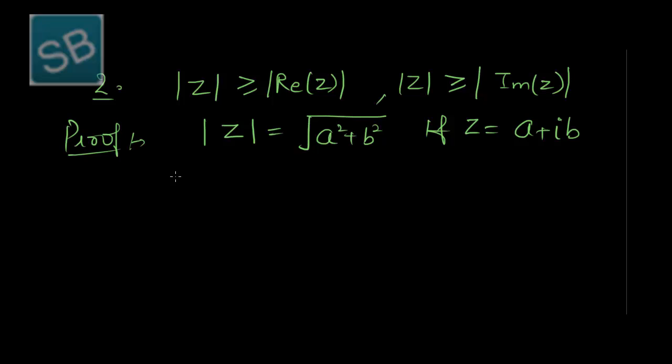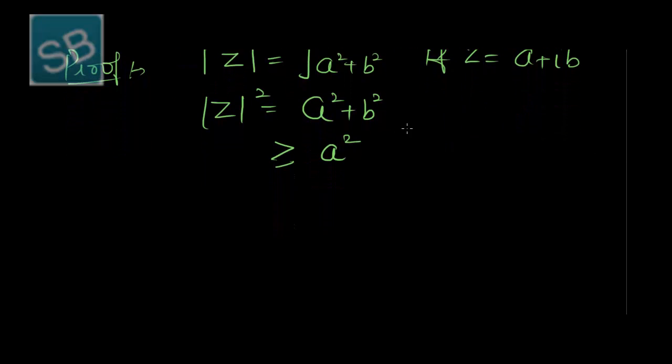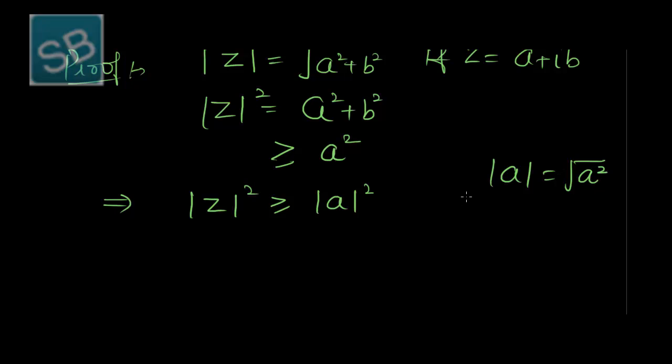Now we can say, by squaring both sides, mod z square is equal to a square plus b square. It is obvious that a square plus b square is greater than or equal to a square, with equality when b is 0. So mod z square is greater than or equal to a square. That implies mod z square is greater than or equal to mod a square, because mod a is equal to the square root of a square, so mod a square is equal to a square.